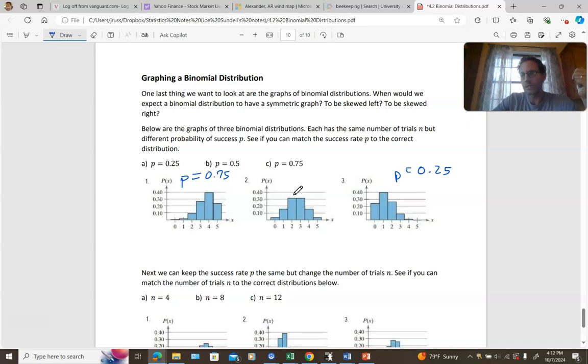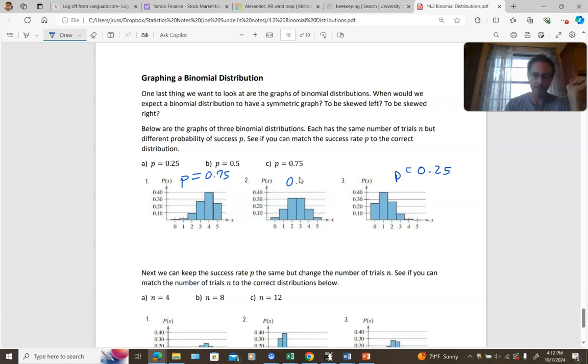If you toss a coin 10 times and the probability of getting a heads is 50%, then you would expect to get about 5 heads, roughly 4, 5, or 6. That's where most of your probability is going to lie. And then for values of x on either side of those, you're going to see symmetrically decreasing probability.